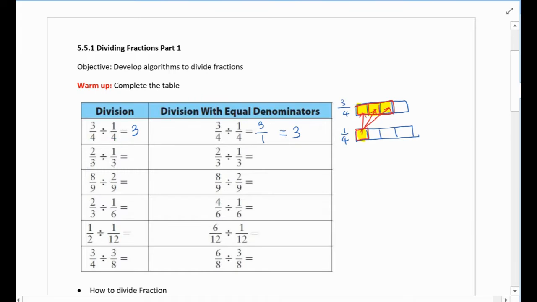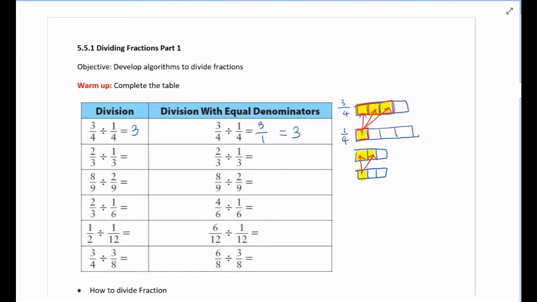2/3 divided by 1/3. Okay, everyone. Same denominator again. 2/3 is this. And 1/3 is this. So we're going to figure out how many times 1/3 goes into 2/3. So how many times, everyone?